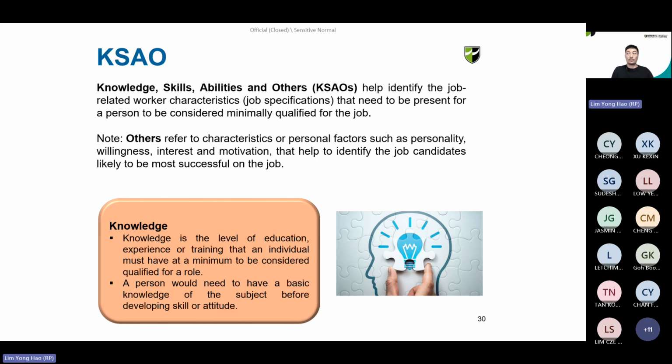The technical knowledge will be based on the fields they come from. That is the knowledge part that people will come with, either based on their training or their experience. Usually a qualification is the most common indicator to determine someone's knowledge.